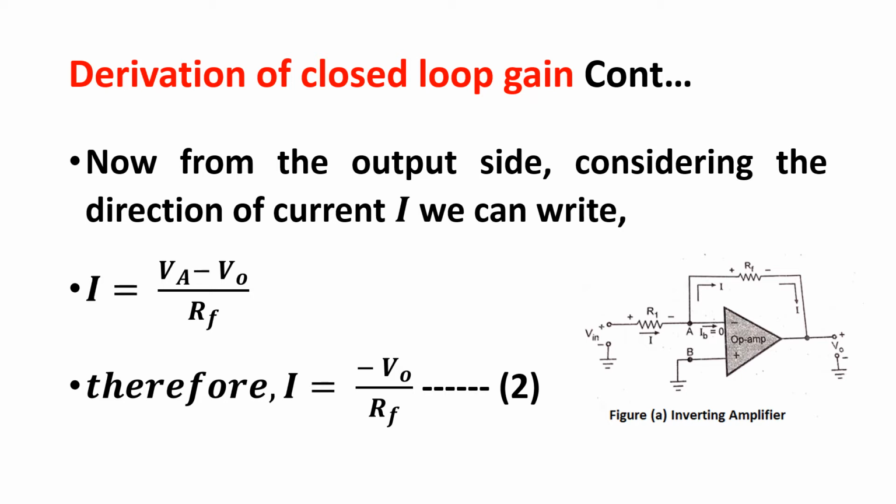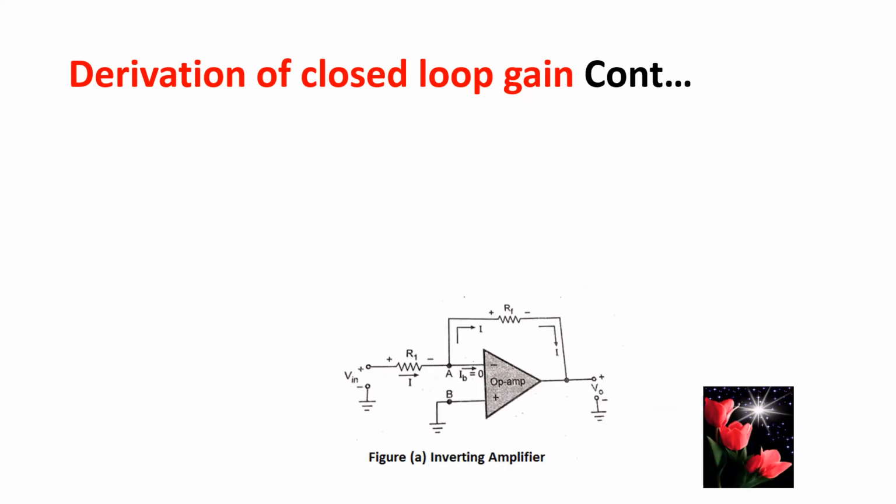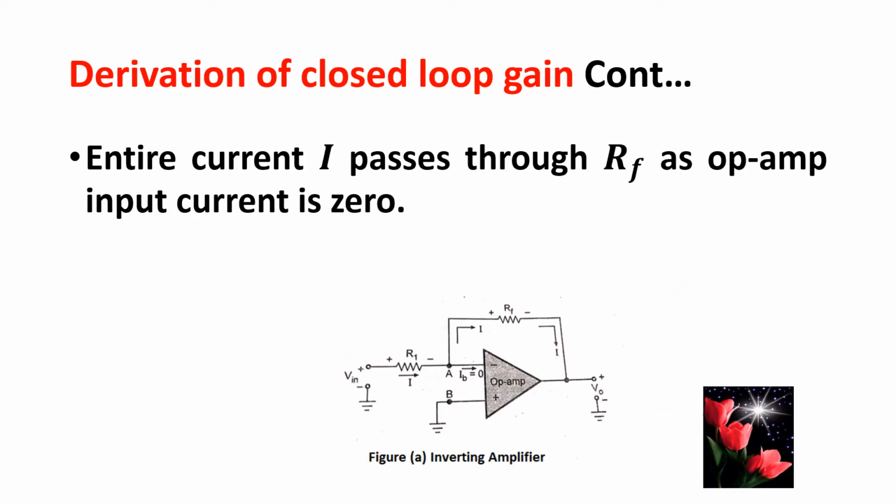The value of VA is equal to 0. So, the current I is equal to minus V0 divided by RF. Consider this as equation 2. So, the entire current I passes through the feedback resistor RF as the operational amplifier input current is 0.